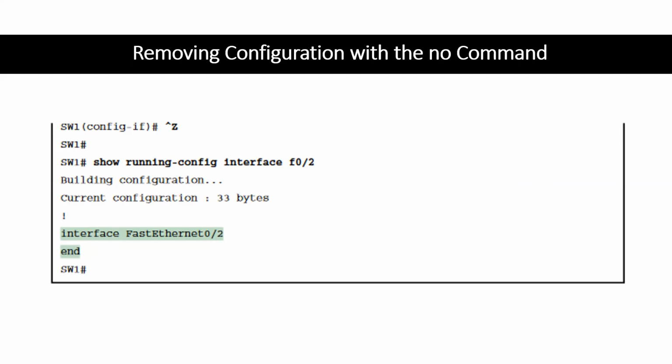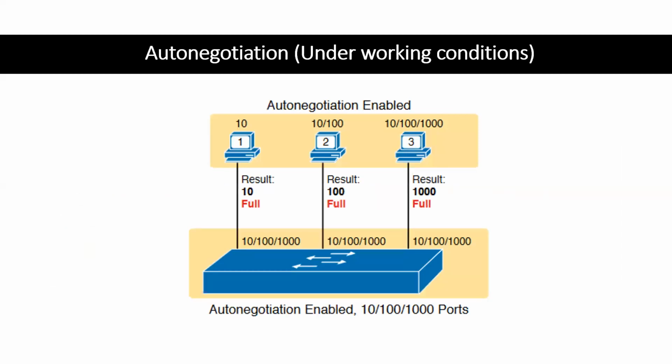What does that mean? If we break down the term, auto means without manual use to go ahead and get something done, so there's no manual things being done to help negotiate. And let's go into the second part: negotiation. What are we negotiating?